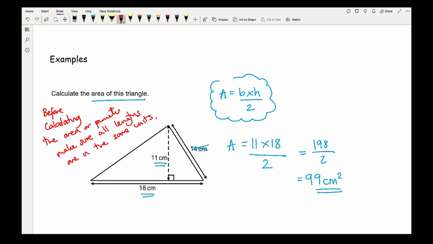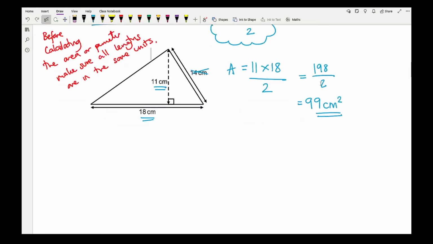So if you've got a combination of millimeters and centimeters or centimeters and meters, decide which unit you want to work with and then convert the ones that aren't that particular unit. You'll probably get an extra couple of marks, and those types of questions tend to be on higher level papers or at the end of a paper. But again, it's just something to look out for, making sure that all the units are the same.